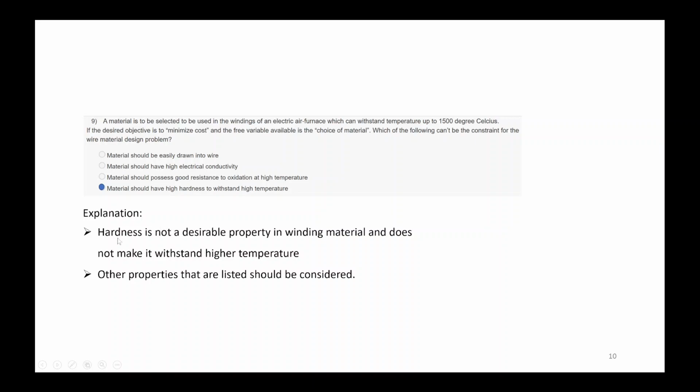Hardness is a separate property from high temperature properties. Okay, so the other properties that are listed should be considered. It should be easily drawn into wire, so it should have ductility, it should have good electrical conductivity, and it should have good resistance to oxidation, because it is being worked at 1500 degrees Celsius.